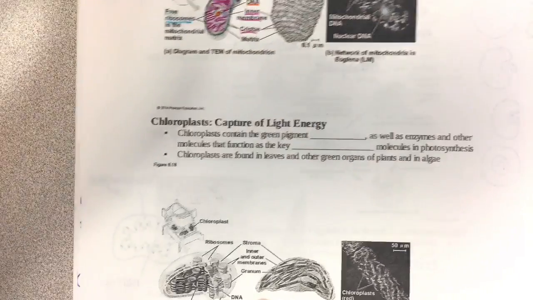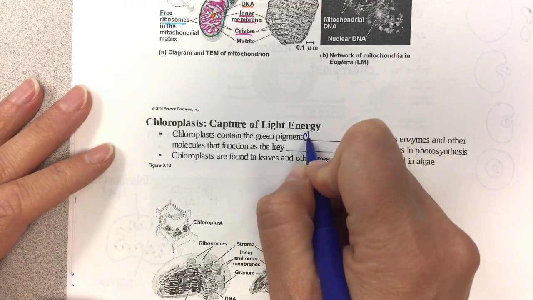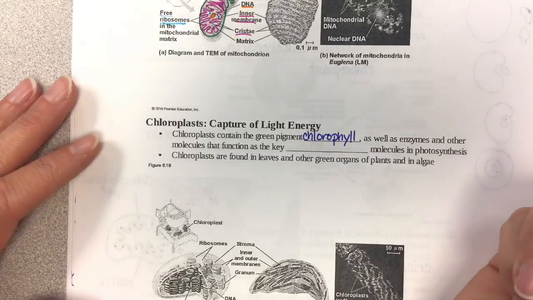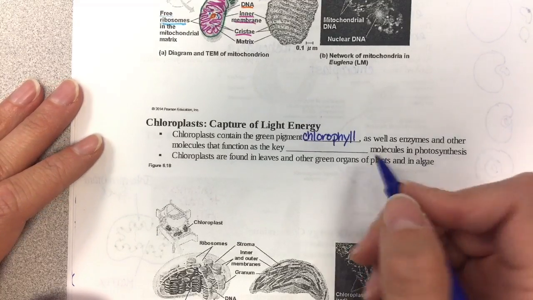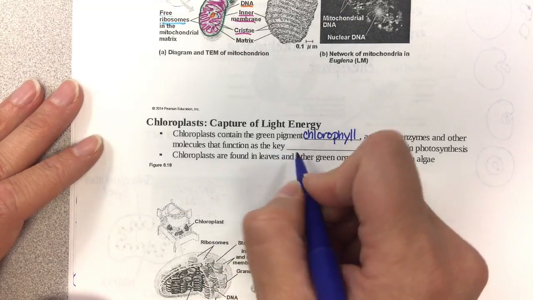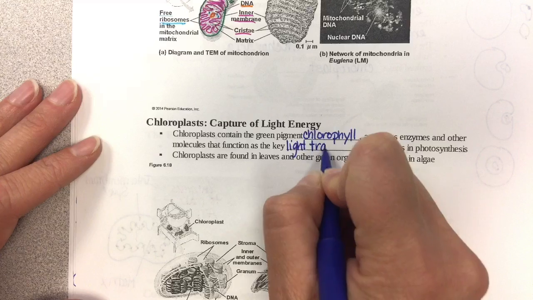So your chloroplasts are the site of photosynthesis, we said, right? The chloroplasts contain the green pigment. Do you remember what the green pigment is called? Chlorophyll. So chlorophyll, as well as enzymes and other molecules, function as the key light-trapping molecules in photosynthesis.